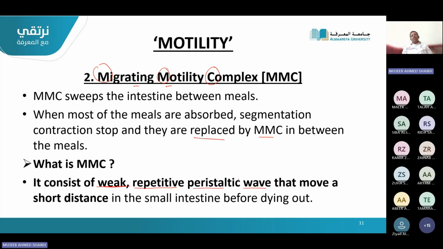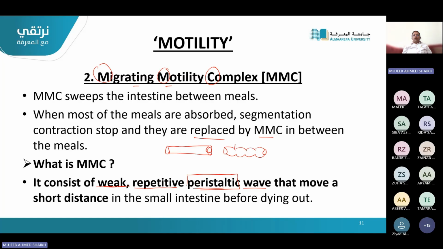What is the difference between segmentation and MMC? It is peristalsis. In segmentation, we have seen, suppose this was an uncontracted small intestine, segmentation contraction will occur like this, making the small intestine into different segments.